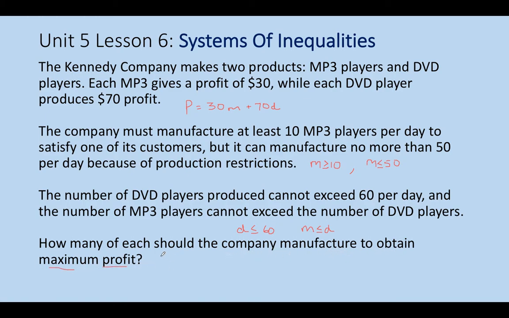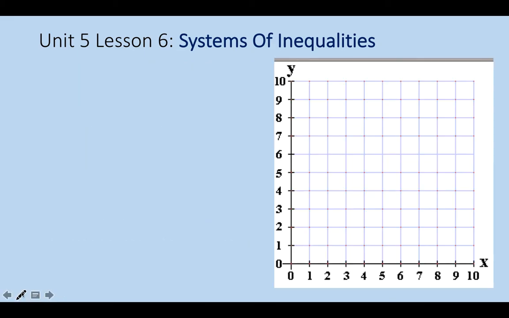And that's the idea for all linear programming questions. All right, so let's recap. We knew that the profit was going to be 30 times every MP3 player plus 70 times every DVD player.